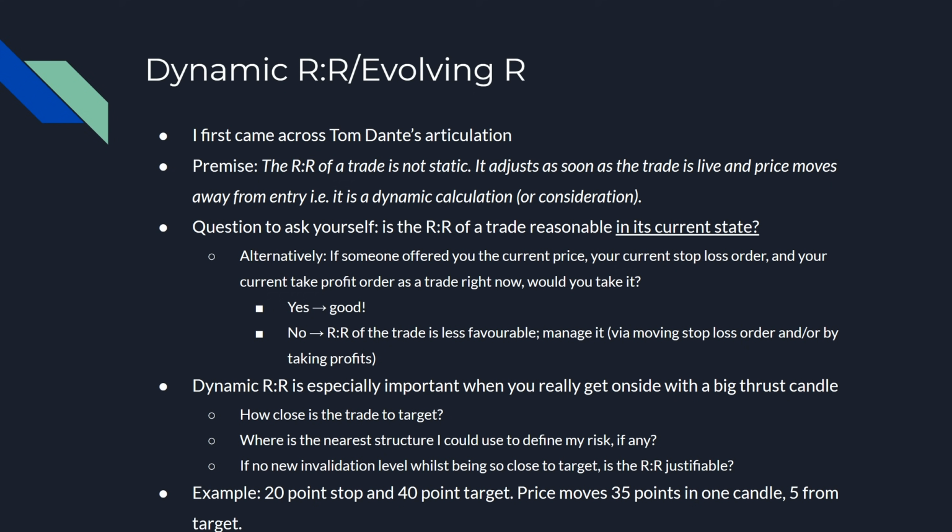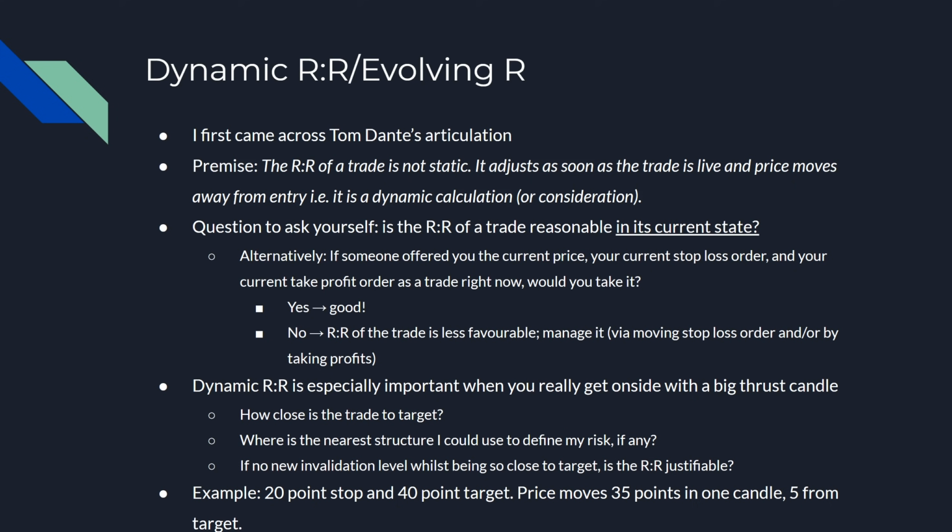Another important consideration from the risk management video, and again, I first came across Tom's articulation of dynamic risk-reward, or evolving R. The premise here is that the risk-reward of a trade is not static. It adjusts as soon as the trade is live and price moves away from entry. So it's a dynamic calculation.